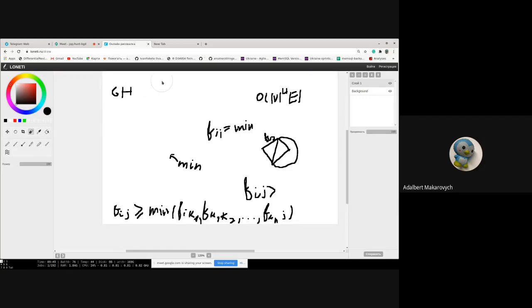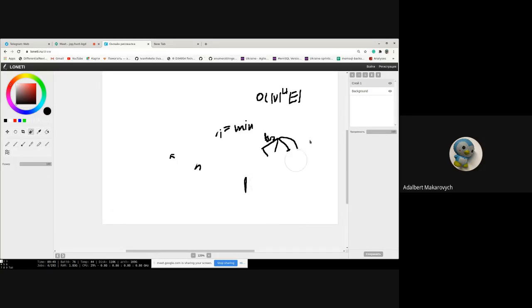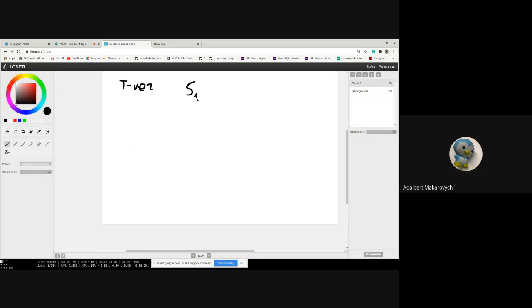So at first we'll have only one T vertex that is the set of all vertices in the original network. So we'll have T vertex S1 being equal to the set E.